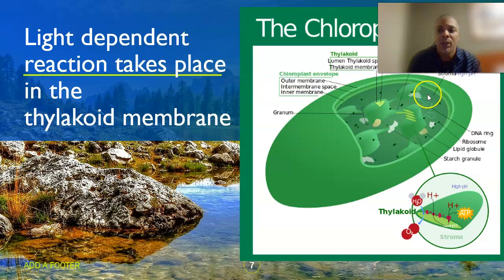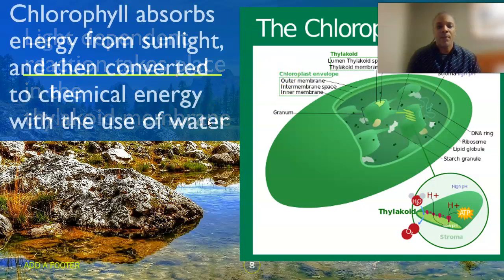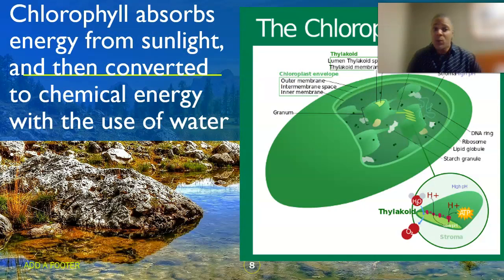The stroma is that filling in the inside that can somewhat become charged with these electrons and protons that are coming from the splitting of water molecules. Chlorophyll absorbs energy from the sunlight and then it's converted to chemical energy with the use of water.